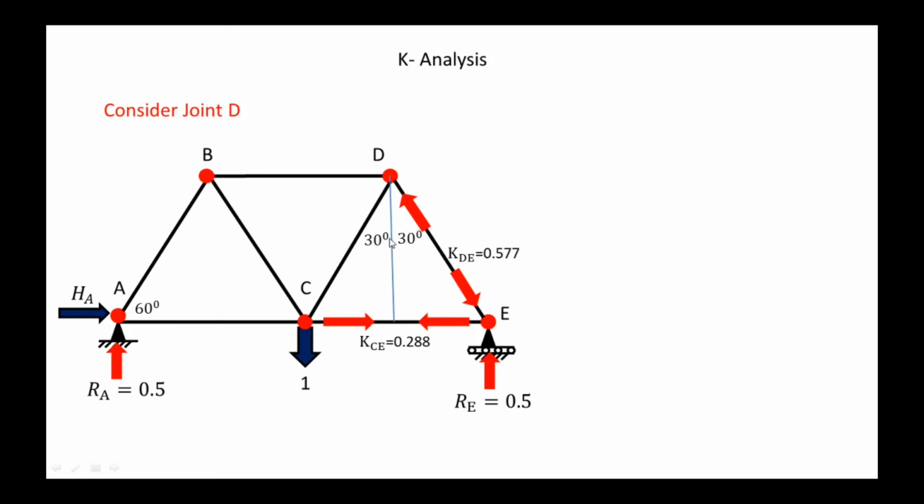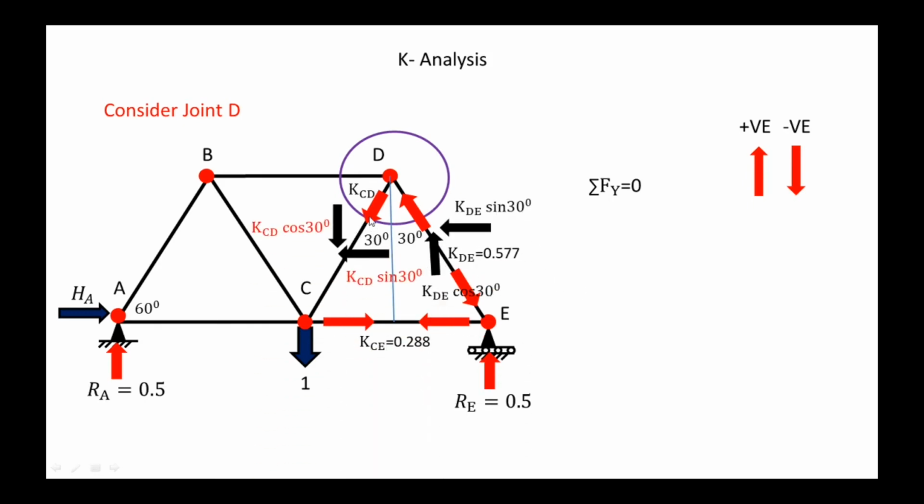Again draw the vertical line which divides equally the angle, 30-30, that we know. Joint D here. We are resolving this first vertically, and we are assuming the KCD is away from the joint. Now resolve both these forces horizontally and vertically. So this is the resolution of this KCD and the KDE.